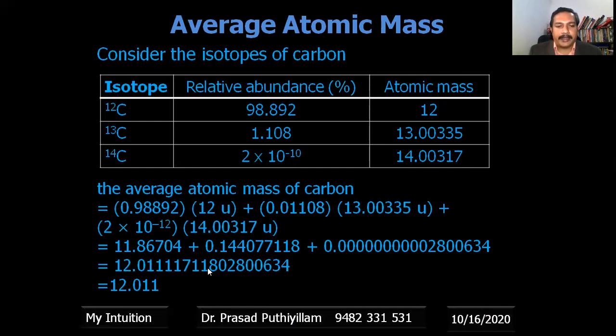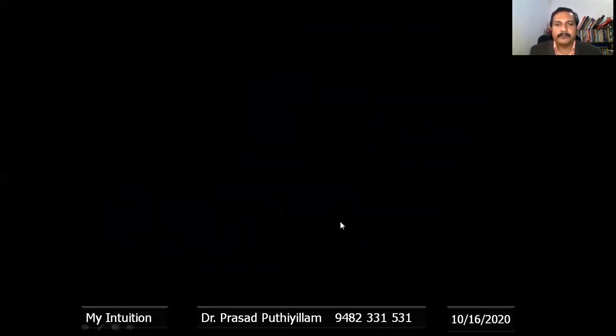Multiplying and adding, we get the value 12.011, that is the average atomic mass of carbon. So carbon in terms of average atomic mass becomes 12.011.